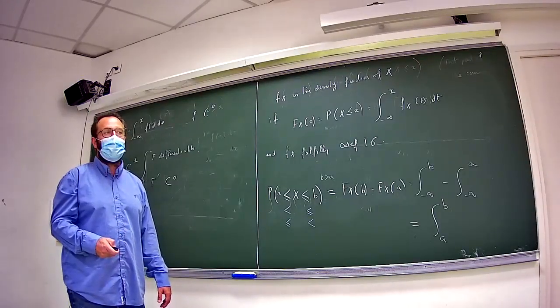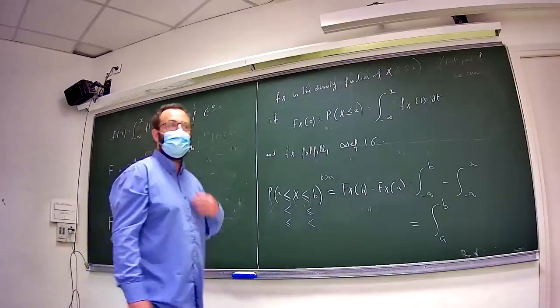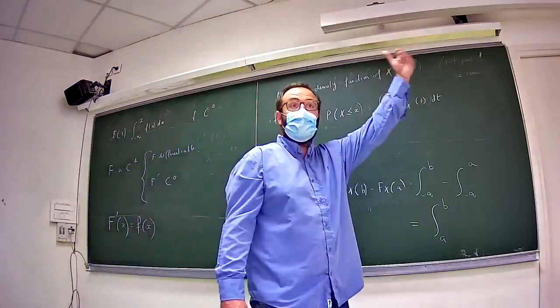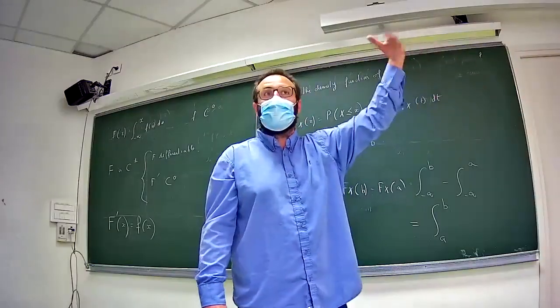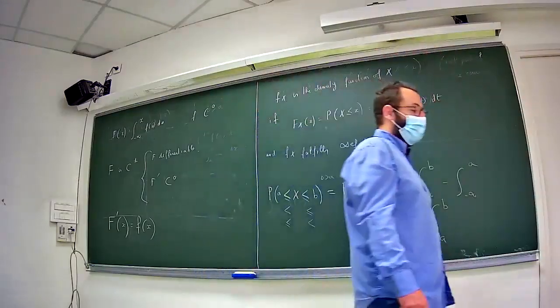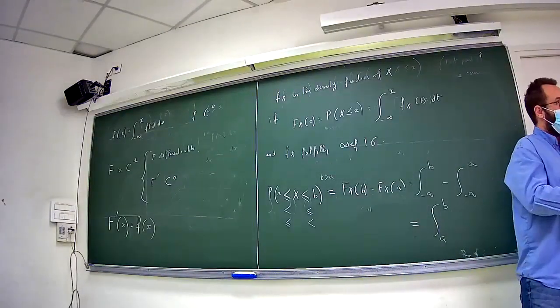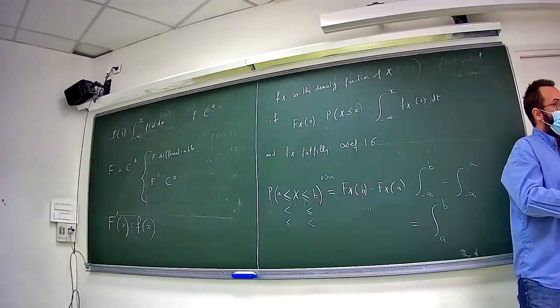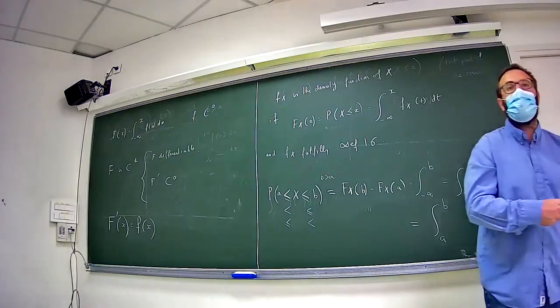If you suppose that the distribution function is continuous, okay? Of course, because we are going to be in the case where I have continuous random variables, and the definition of being continuous for a random variable is just that my distribution function is continuous. So I suppose this, and I suppose that F_X is a little bit more regular than only continuous.